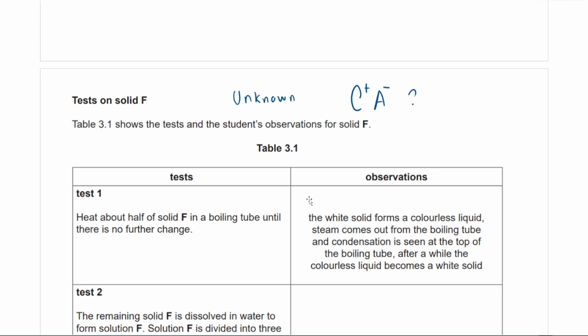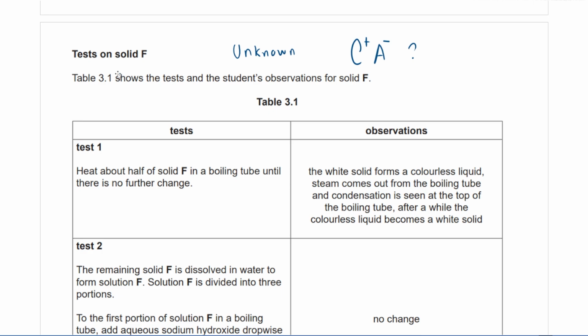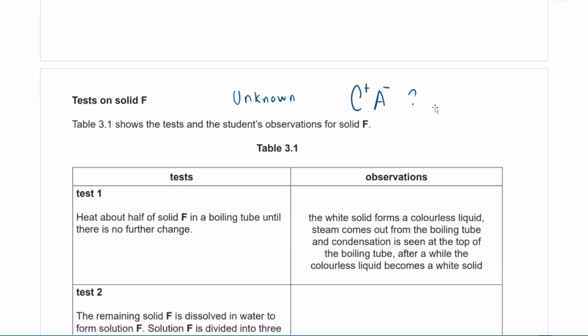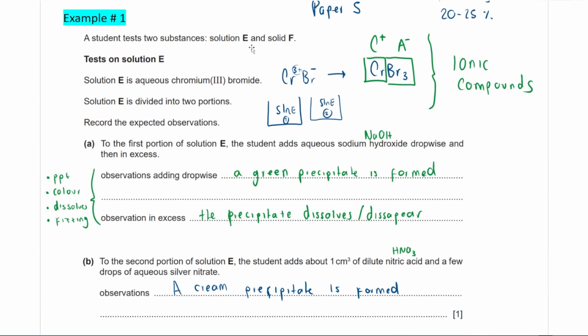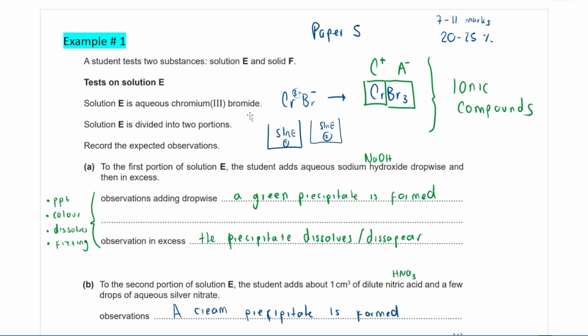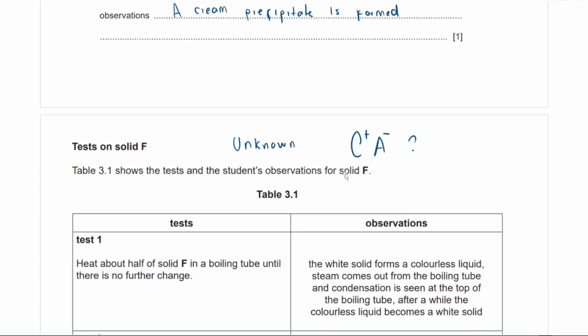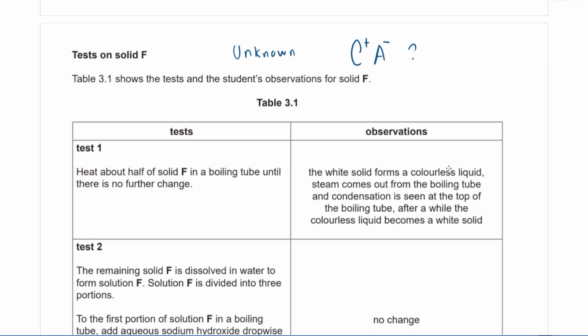So here, this table shows the test and the observations. So now this is the opposite to this one. Here we already know the compound and we just need to check. And here we don't know the compound, but we have the observations and then we have to come back.